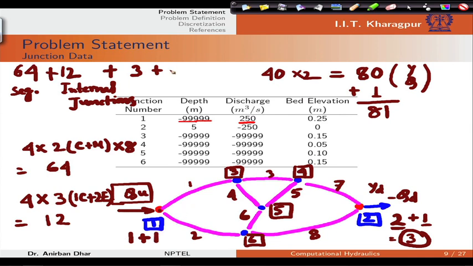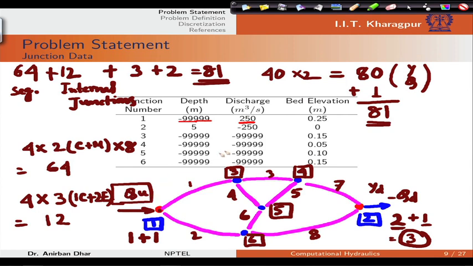So, altogether 2. If we add this, we will get 17 plus 64, which is 81. So, we have 81 equations and 81 unknowns.